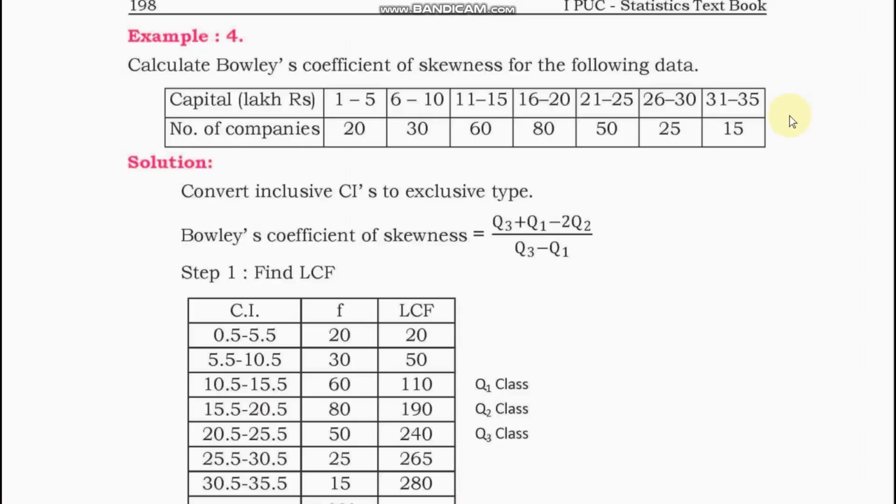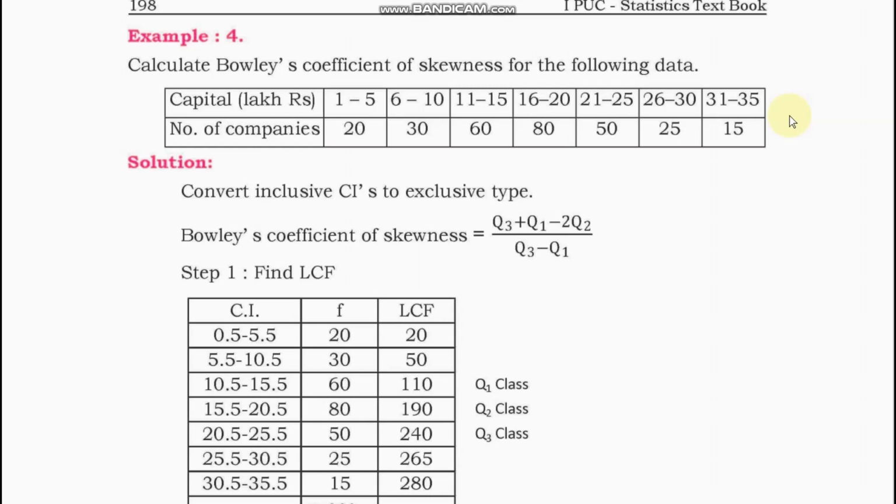Now, while computing the coefficient of skewness, or Bowley's coefficient of skewness, we should remember one thing: it involves positional averages. Here median, mode and quartiles are positional averages.